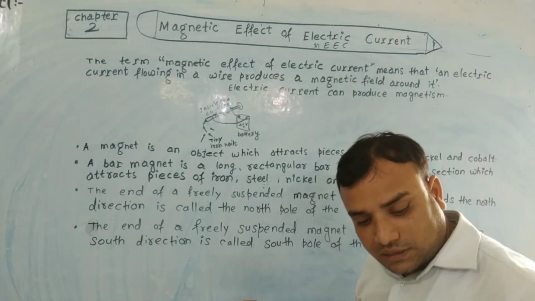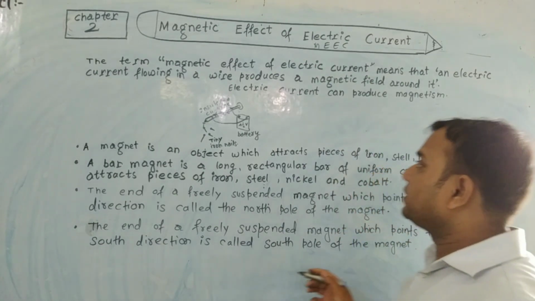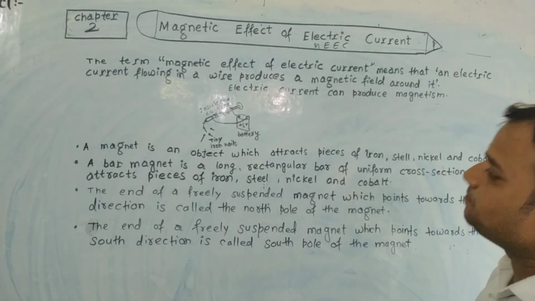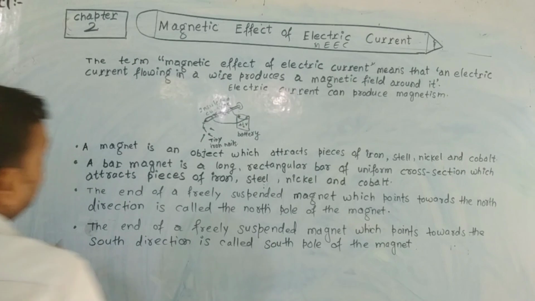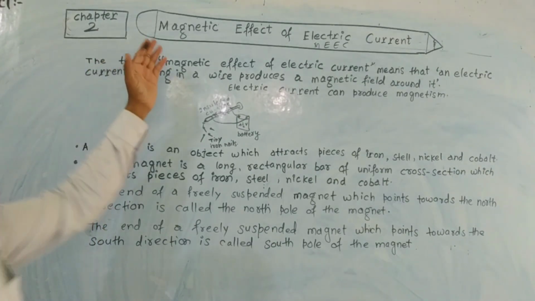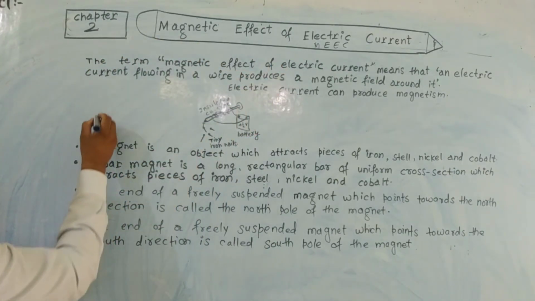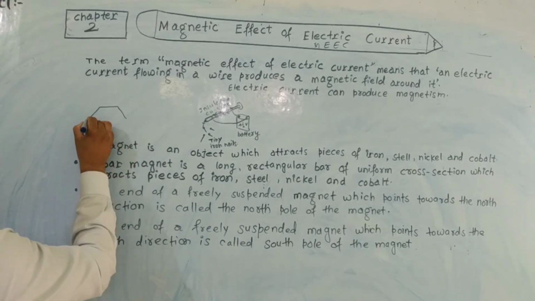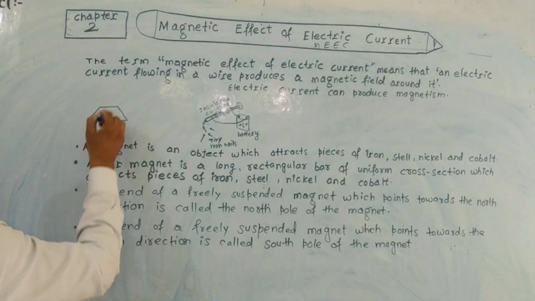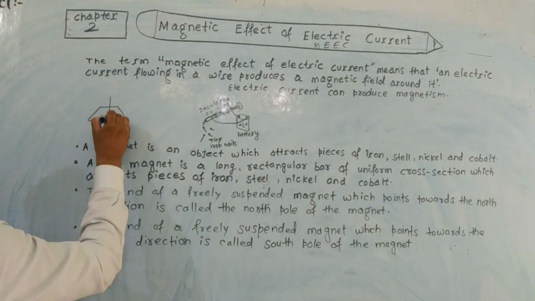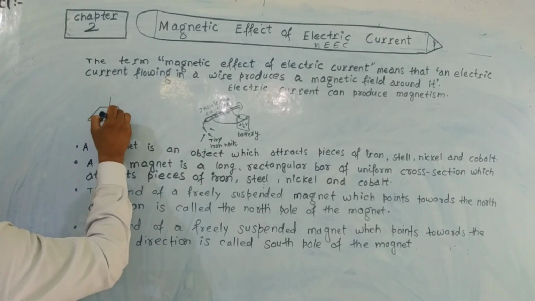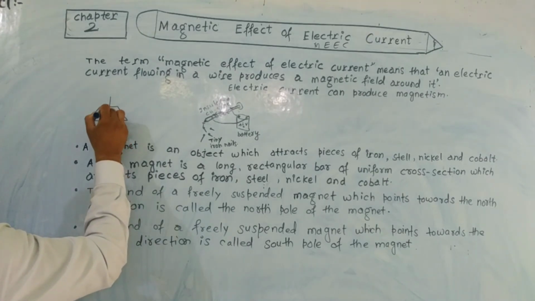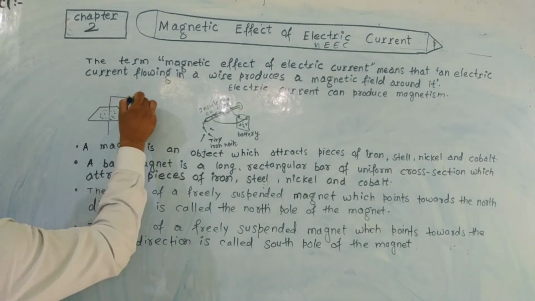A scientist, Oersted, also worked on the magnetic effect of electric current. You take a cardboard and put a conductor wire inside it, with some iron filings on it, connected with an electric circuit.